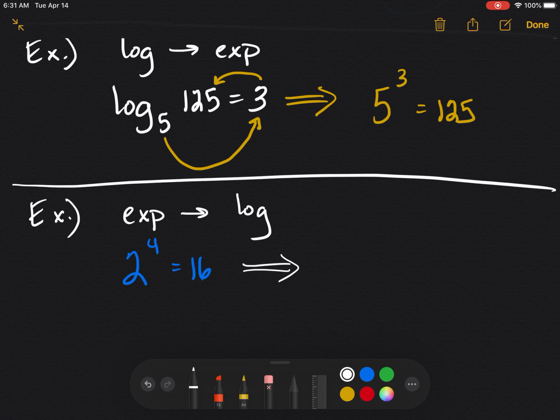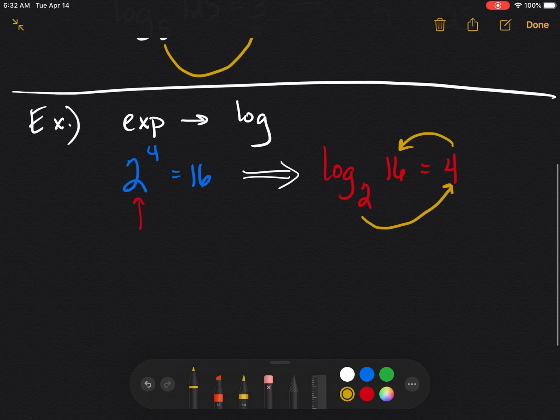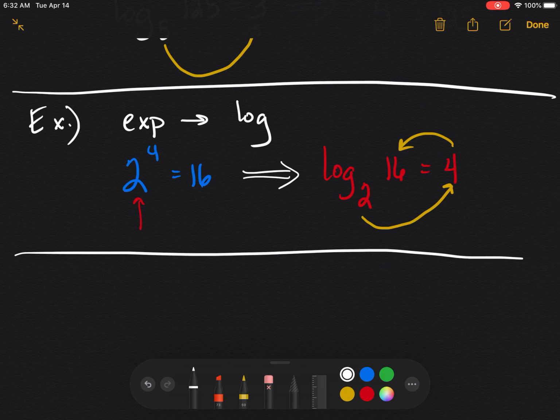Well, in log form, we would just write log base 2, remember that's our base, log base 2 of 16 equals 4, because our exponent always goes last. So you can check yourself: 2 to the fourth power equals 16. All right, so those are your examples of how to go back and forth between those.